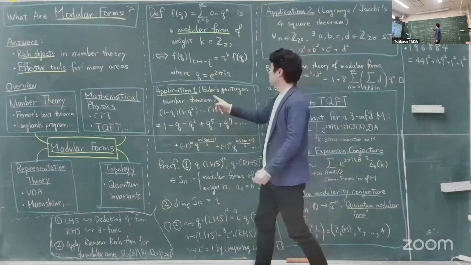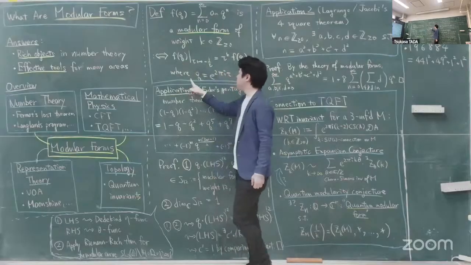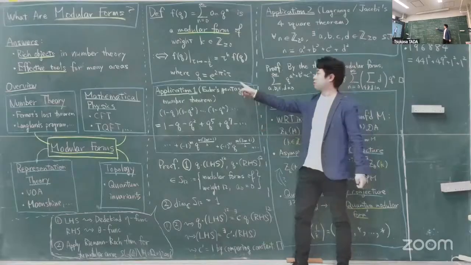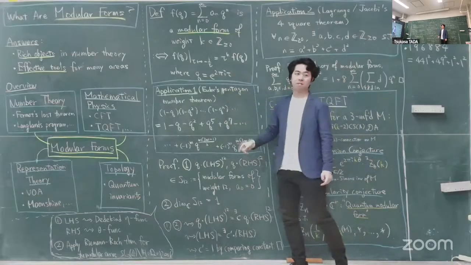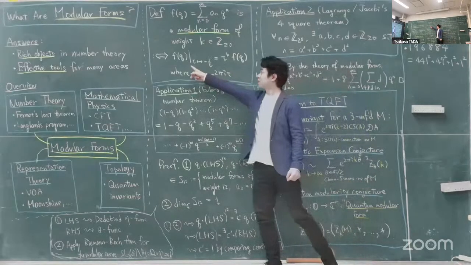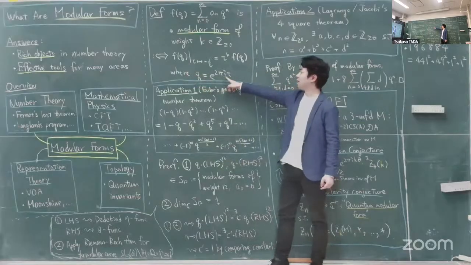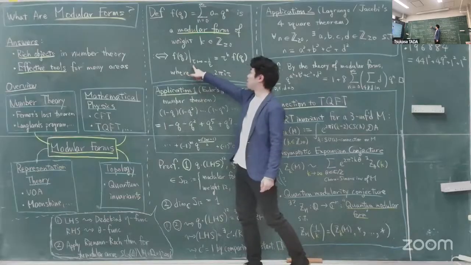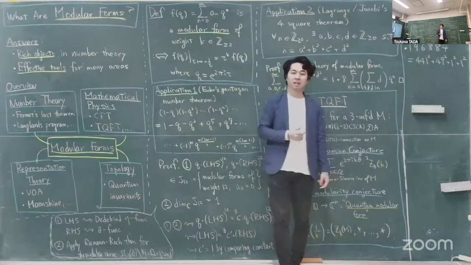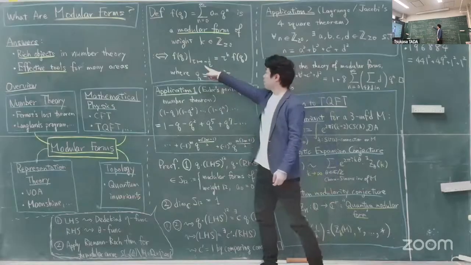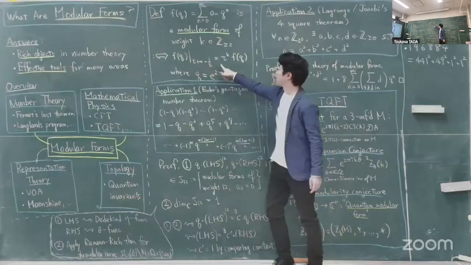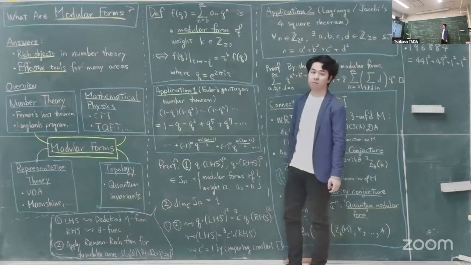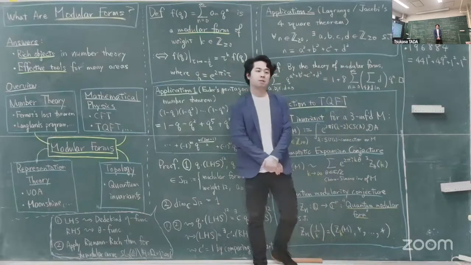We consider q equals exponential 2 pi i tau for some complex number tau. Then f(q) can be considered as a function of tau. If we replace tau by minus 1 over tau, then this function is equal to tau to the k times f(q). This is the definition of modular forms.